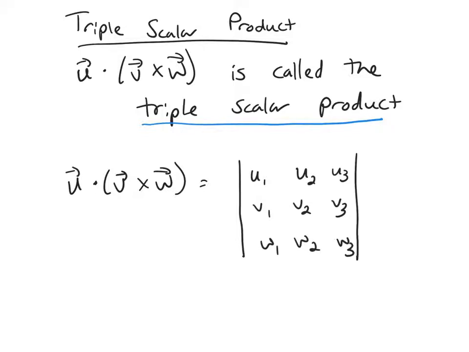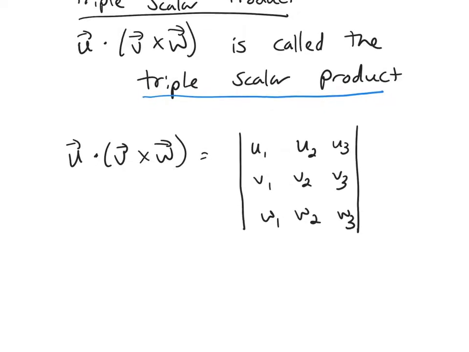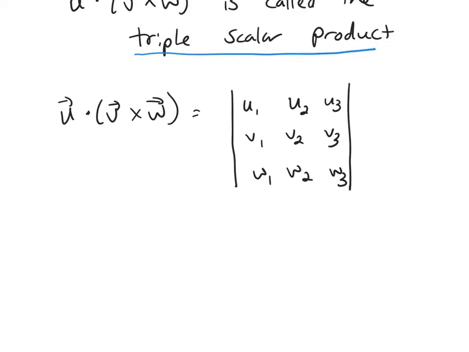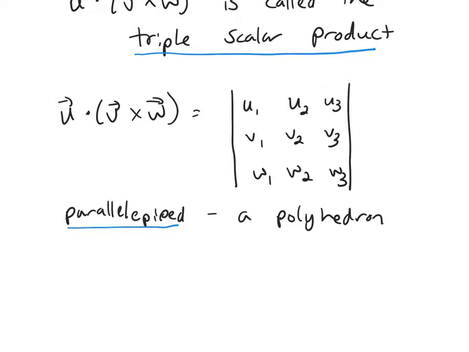So one application of this triple scalar product is an object called a parallelepiped. This is a three-dimensional object, and this is a polyhedron whose faces are parallelograms.